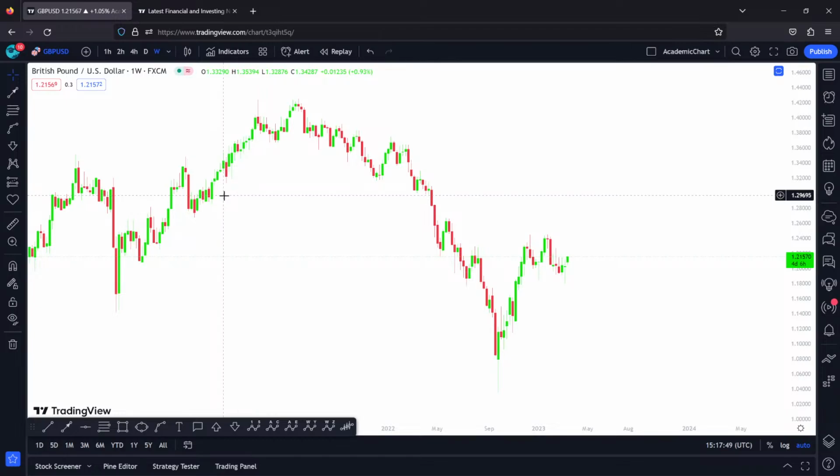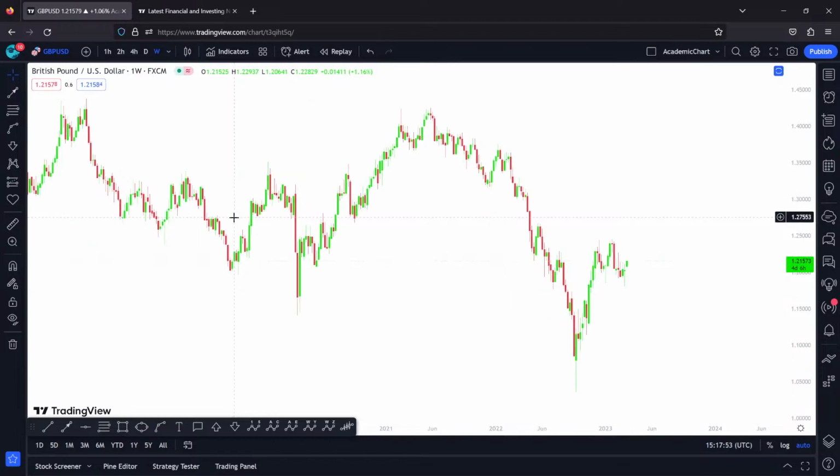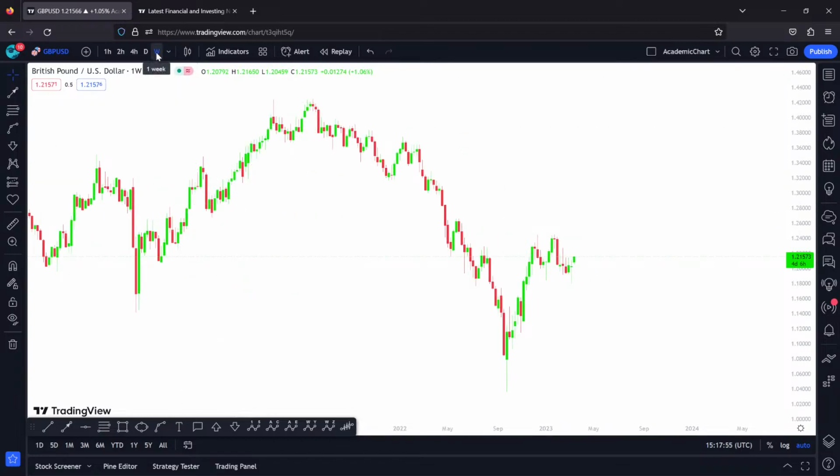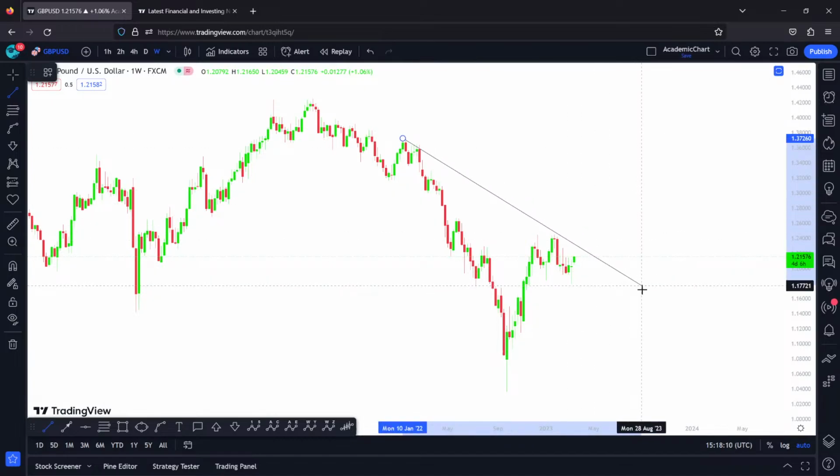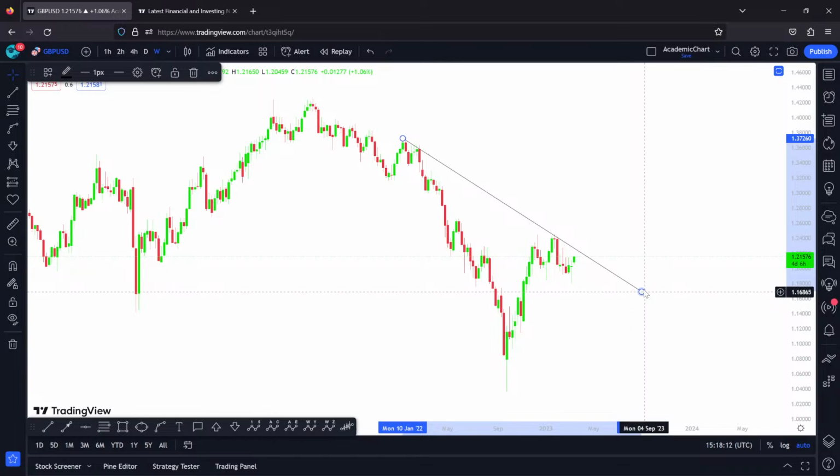It is really important that you always start with a very clean chart. I prefer to start from the weekly chart to have a better understanding of the history. So let me first draw a weekly trend line to see what is happening with this trend.